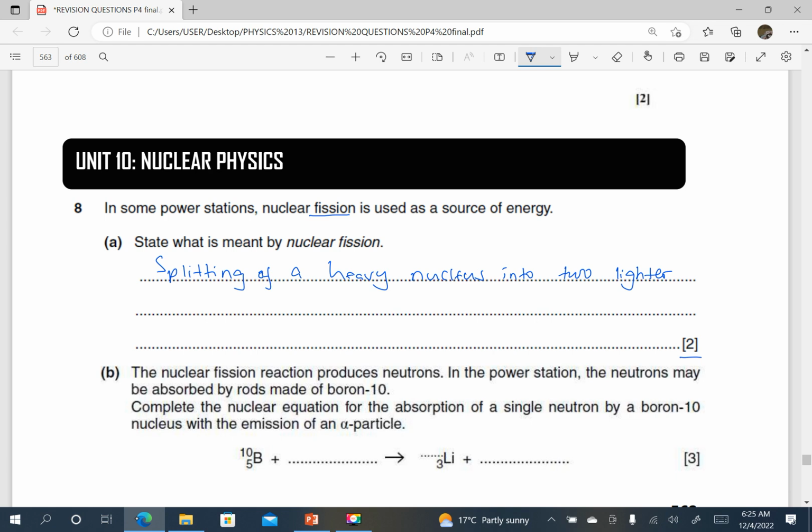Of course, nucleus is singular, and since these are two, nuclei is plural. Into two lighter nuclei, lighter meaning their mass is smaller, into two lighter nuclei of approximately the same mass.